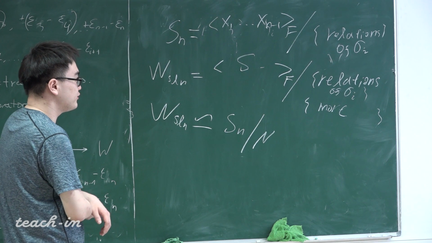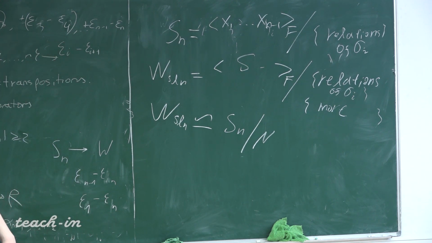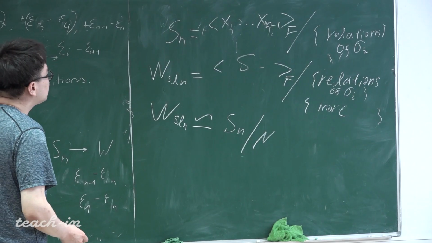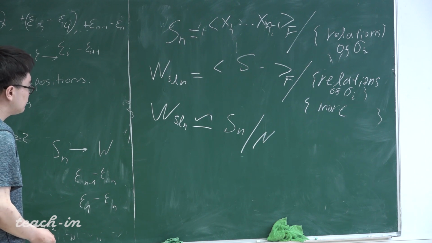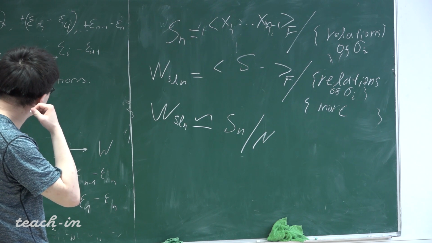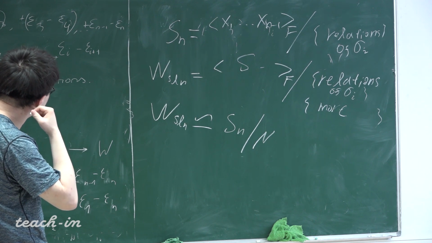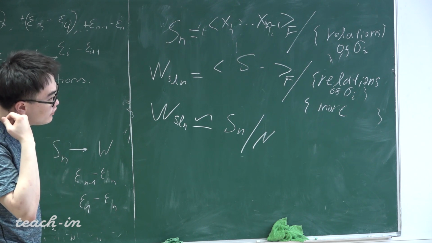Maybe there's no such good way to check the size of the Weyl group. You can find Weyl chambers here, and the number of Weyl chambers.